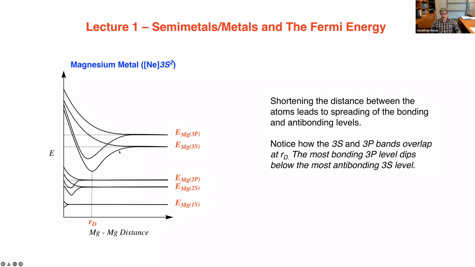Okay, that overlap of dipping below 3p and 3s level is very important to its electronic structure. The 3p level for magnesium atoms are empty, right? So now you've got a bunch of molecular orbitals for all those magnesiums that are empty overlapping with the ones that started out filled.